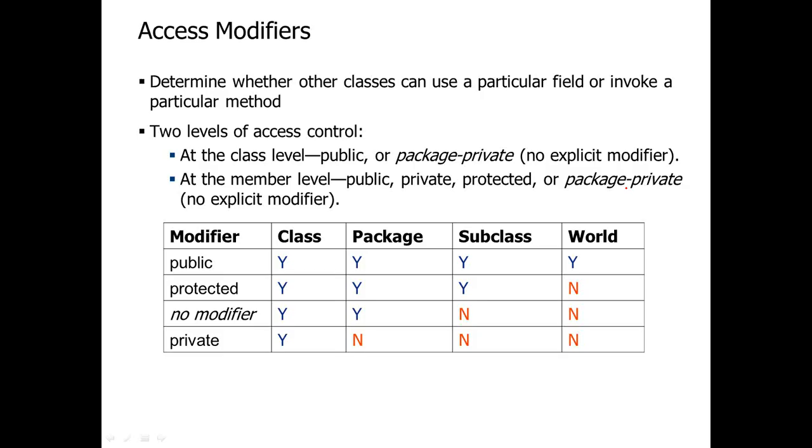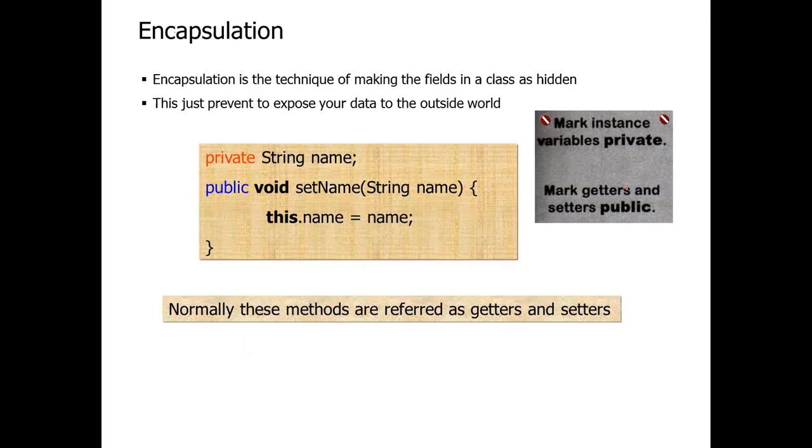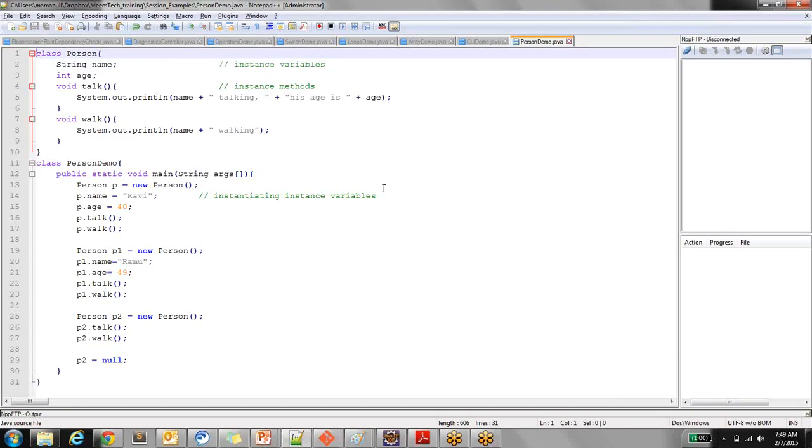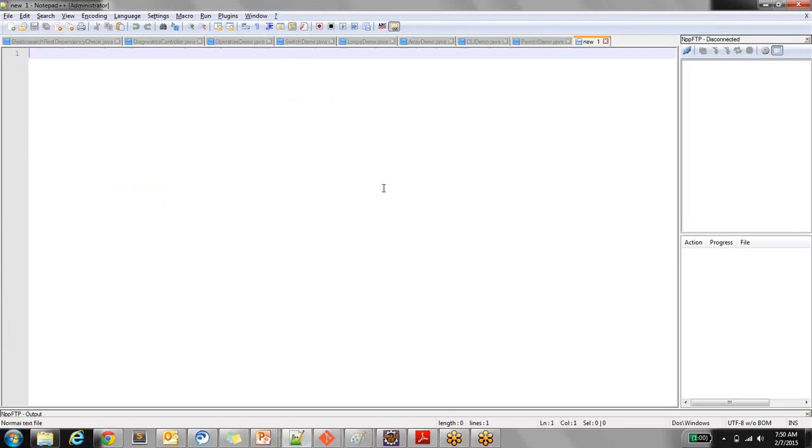And when I use these modifiers, I can control the visibility of your class or any of the members. I can control the visibility of my data. Data can be exposed to the public, or it can be restricted to within the class itself. So using these access modifiers, let us take an example. I'll take the same example I have defined.